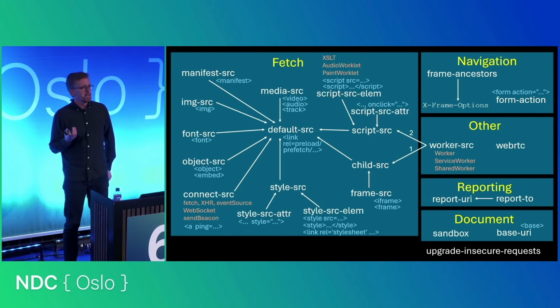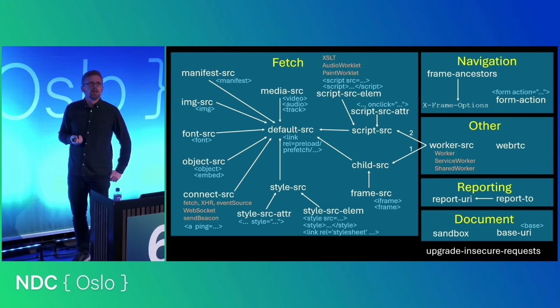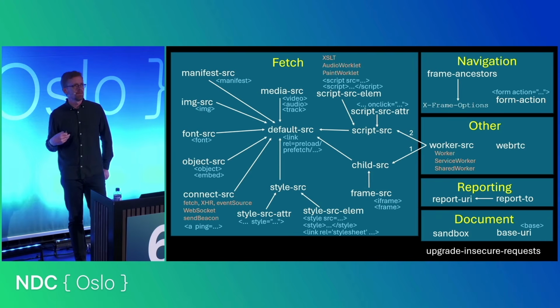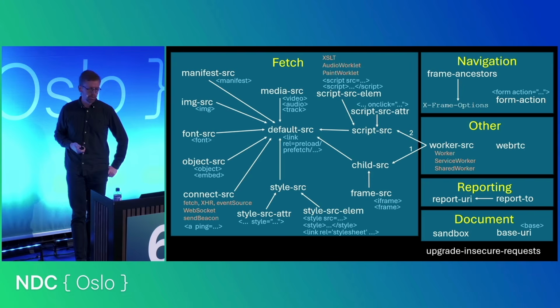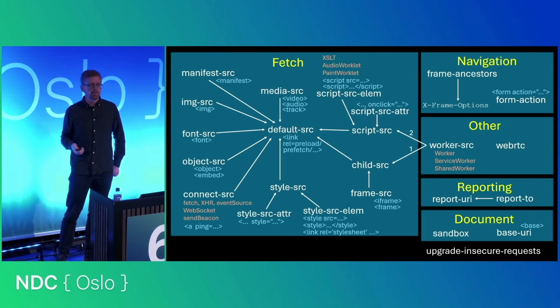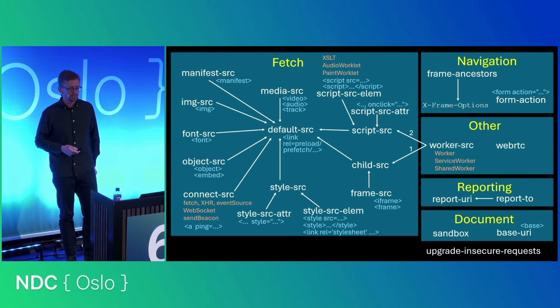If there's something new, it's most likely sending or receiving data, and then it will be connect-src. Down left, that's where all the send and receive data goes. So anything new will go there. And if that isn't implemented, it defaults to default-src.